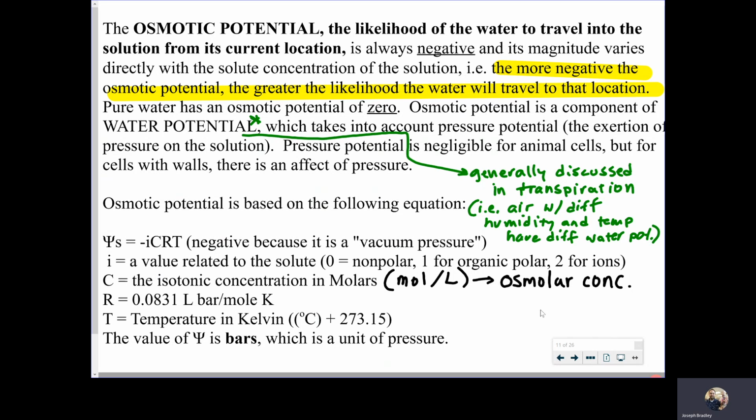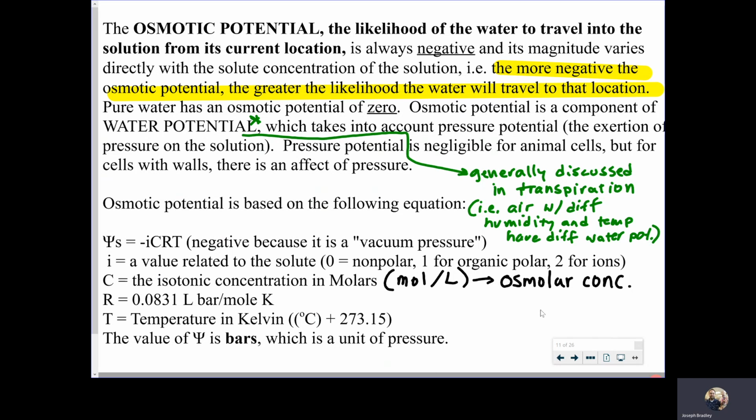It's measured in bars. And what's happening is, as the solute concentration goes up, the higher the osmotic potential. And when I say higher, I mean more negative, meaning that solution will more likely take up water.